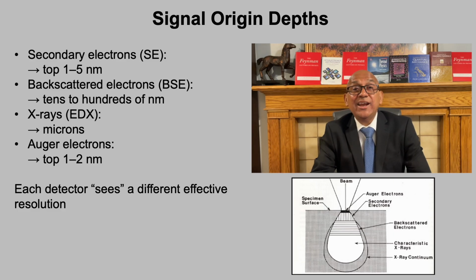X-rays used for EDX analysis are generated over an even larger depth, often extending into the micron range, which limits spatial resolution for compositional analysis. Auger electrons, like secondary electrons, originate from the extreme surface, within only 1 to 2 nanometers. The key point is that each detector effectively samples a different interaction volume and therefore has a different intrinsic resolution.